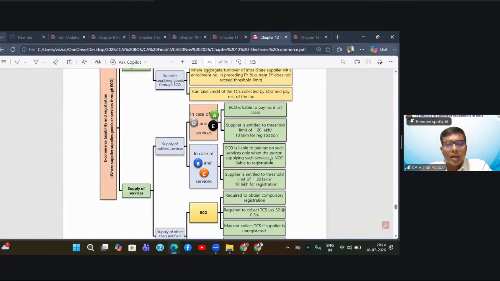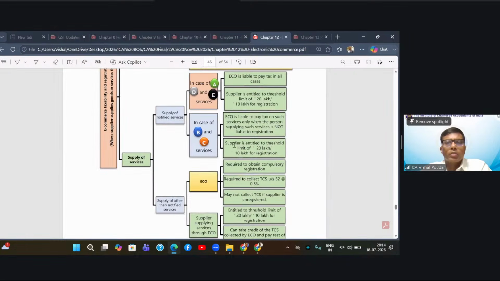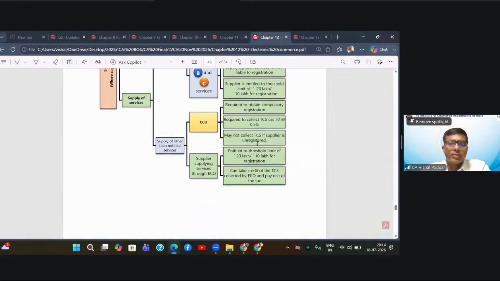Otherwise, the supplier, even though supplying services through that ECO, that is through that app, will itself be paying the tax and the ECO will not pay, but that is only in case of B and C. Here, the supplier is entitled to the threshold limit of 20 lakhs, and in some states it is 10 lakhs. So irrespective of service, the threshold for registration remains the same.